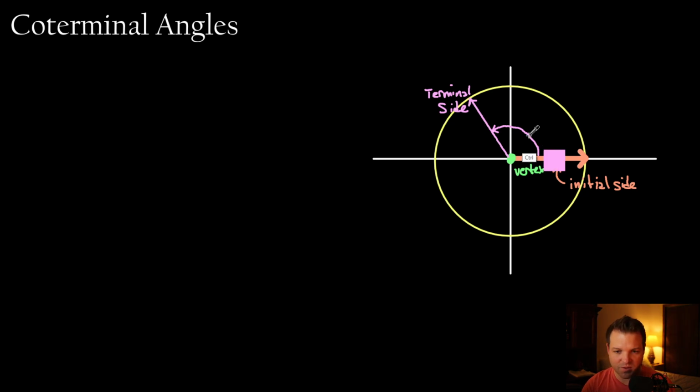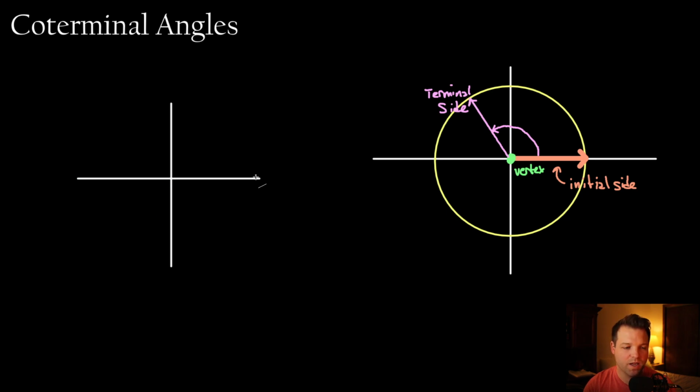So let's provide some examples of what I mean by this. I'm going to draw a little Cartesian plane here, and many times I won't even have the circle or anything to reference it, and you don't have to, by the way. You just have to know that we always start at the initial side.